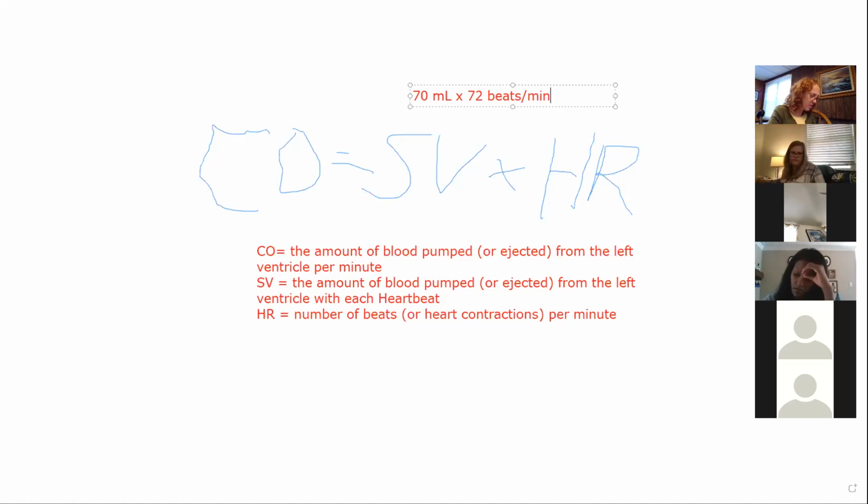So 70 times 72 means that the cardiac output of the heart per minute is 5,040 milliliters of blood per minute.